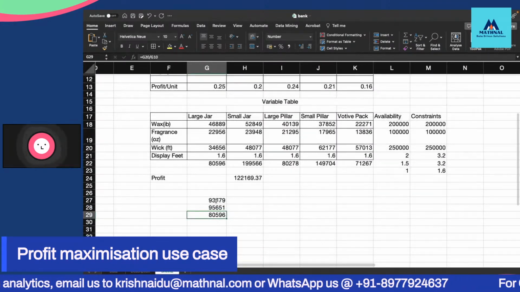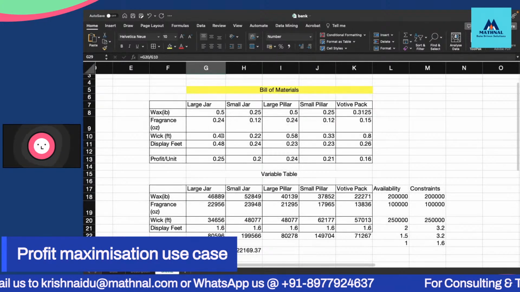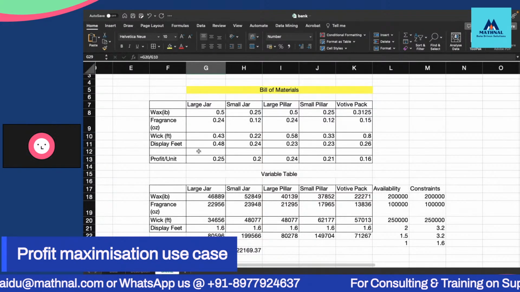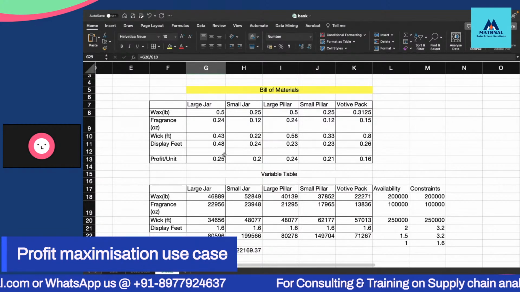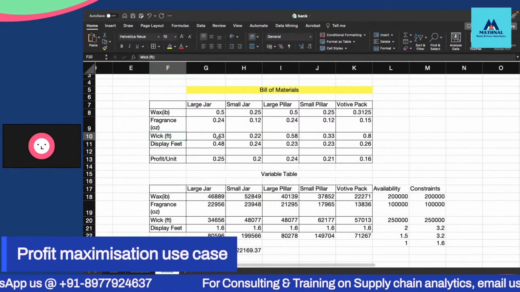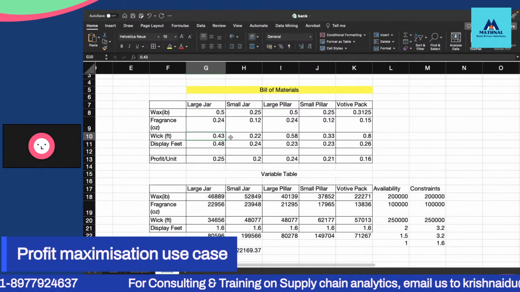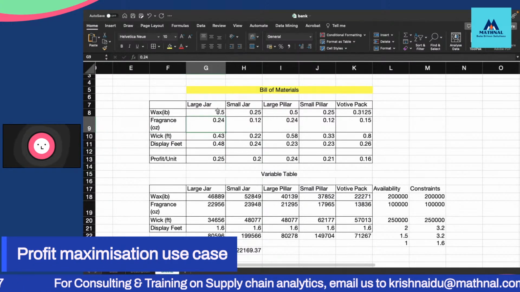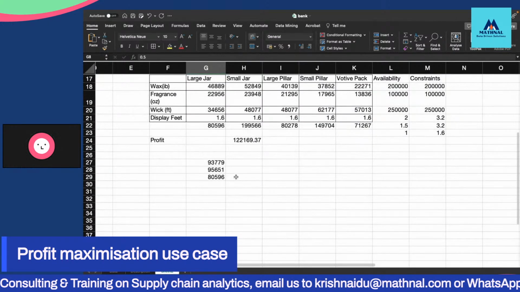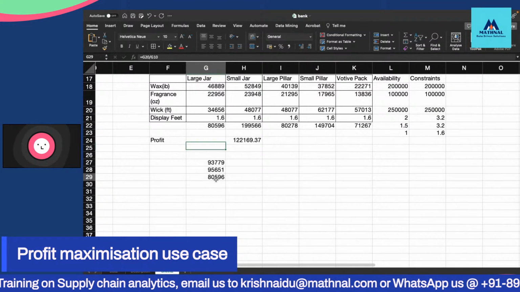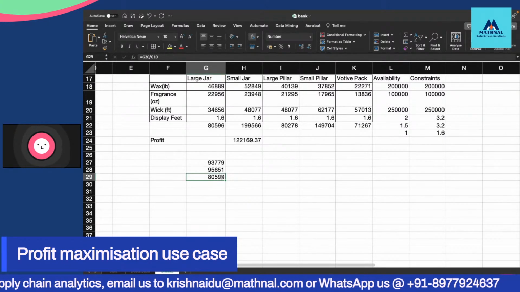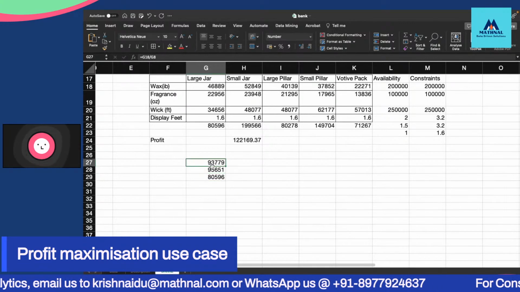But all these things will go into the product, right? A wick will also go. Fragrance will also go. Wax will also go. So if all those go into the product, right? So we have to choose the minimum one. We cannot go to the maximum one.